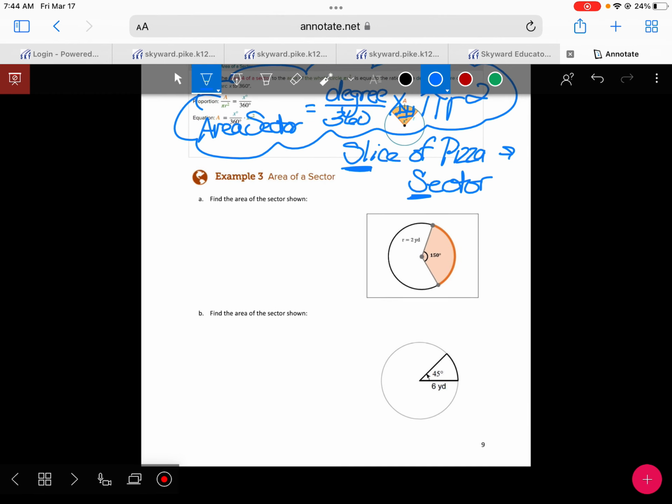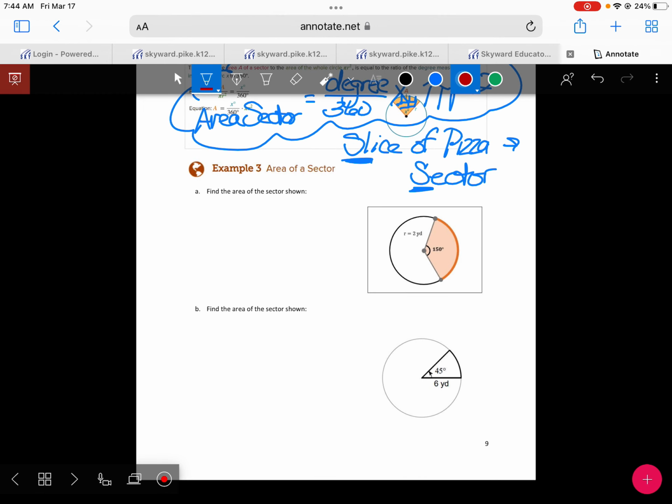So let's take a look at example 3. Find the area of the sector. Okay, here's my sector right here in orange. It looks like a large pizza slice, right? So we say area of a sector is the degree. Actually, I'm not going to write out degree. I'm going to put the little degree symbol over 360 times pi r squared.